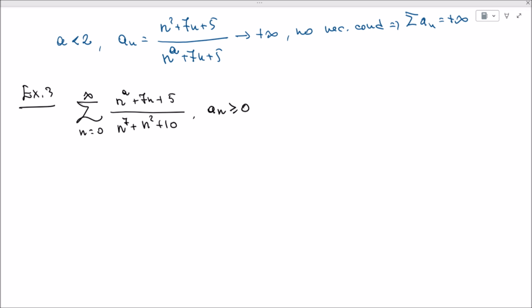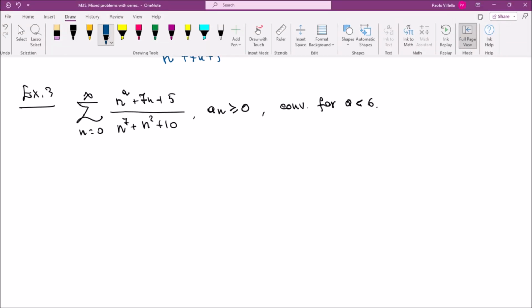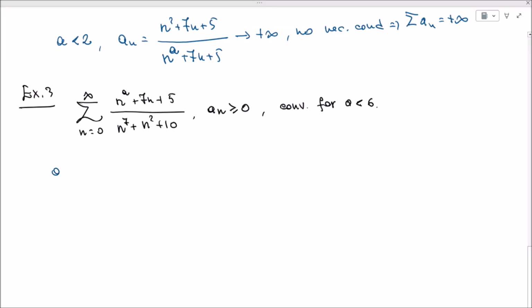And, well, by just the first look of it, we can say that this is convergent for a less than 6. Let's give a proof of this. Well, first thing is that we can say that an, when n goes to infinity, is asymptotically equivalent to what?